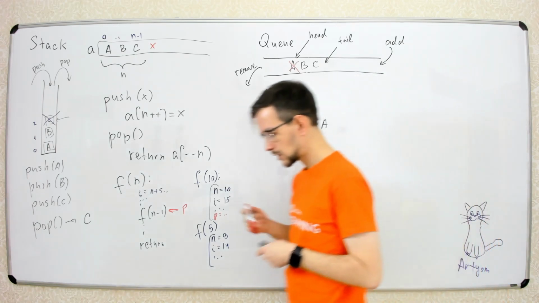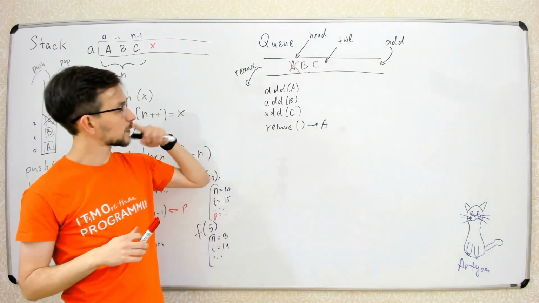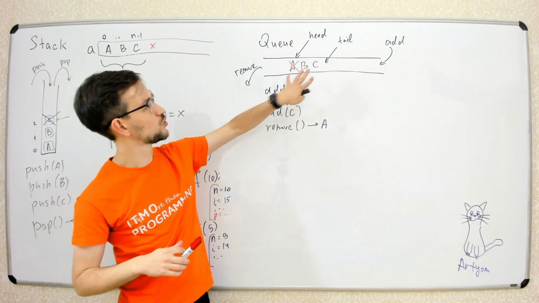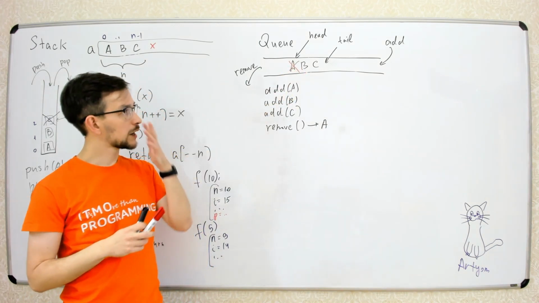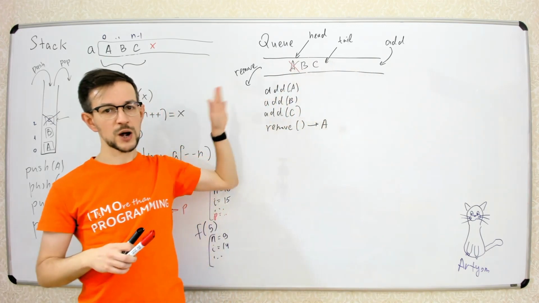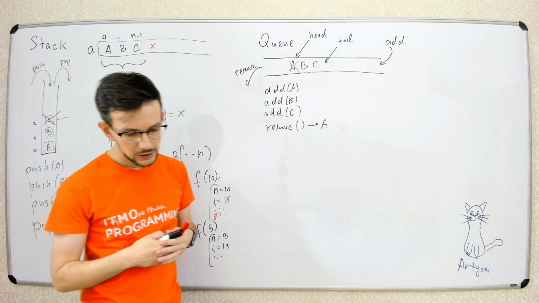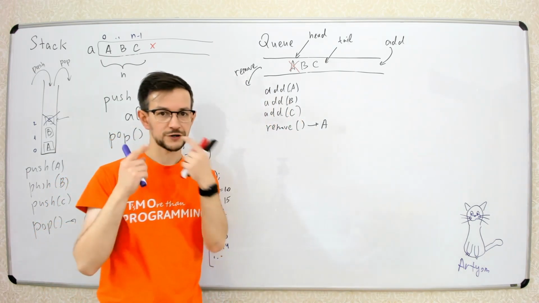Fine. So how to implement this queue using arrays? Again, we will have a big array. Let's say we have a very big array, of infinite size. And we will have two pointers in this array.